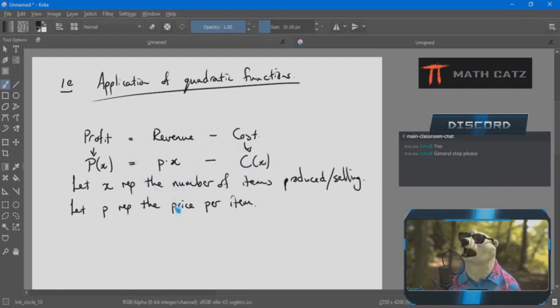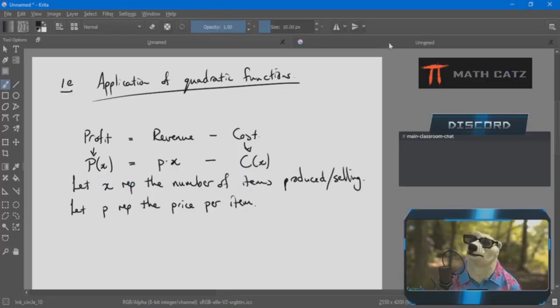The amount of money I get in, let's suppose I sell 10 t-shirts at $5 each. How much money did I just get from those sales? 5 times 10. But now in general, I'm selling X t-shirts, and they cost little p dollars per t-shirt. It's still the product of the two, which is the amount of money I'm getting in. But I have to take away my cost to see what my profit actually is.